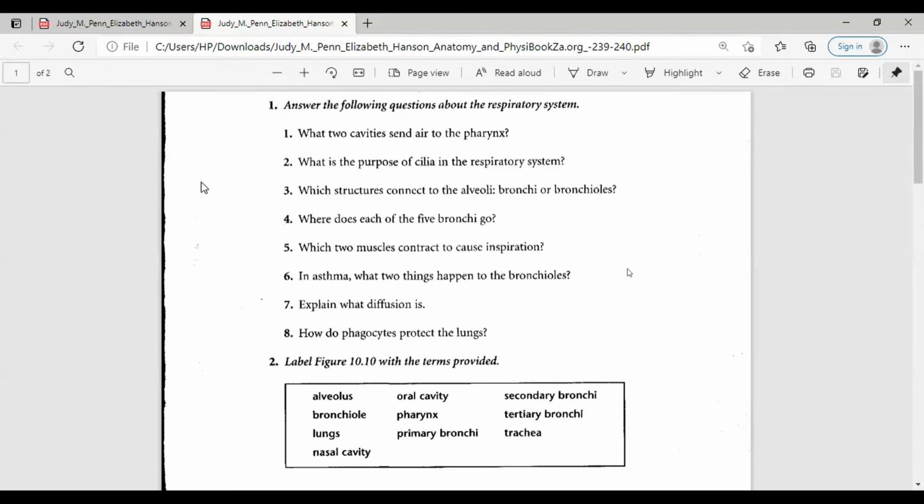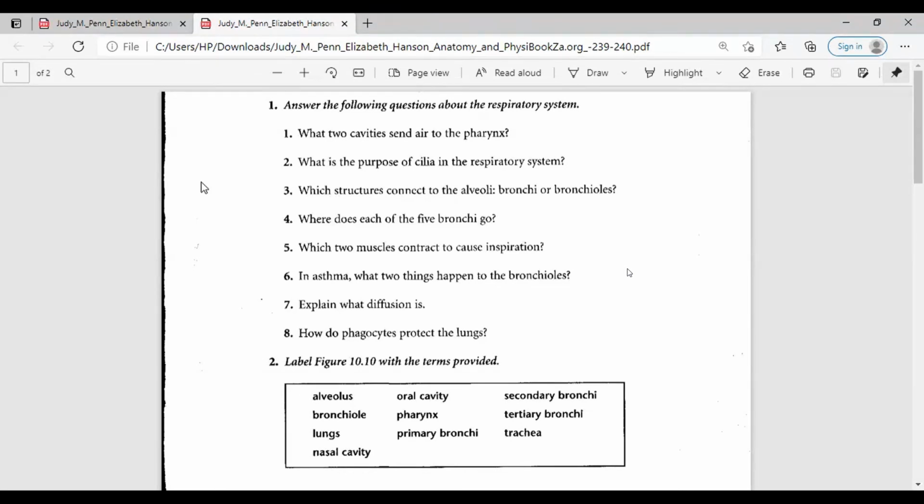So I'll say again, diffusion can be defined as molecules having a tendency to move to the area where there is a low concentration of the same kind of molecules.